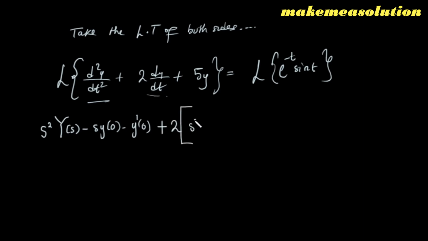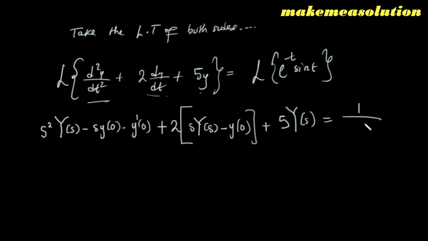Since it's the first derivative, you have s Y of s minus y of 0, then plus 5 times the Laplace transform of y, which is capital Y of s. Meanwhile, the Laplace transform of exponential minus t sine t by the first shift theorem is going to give me 1 all over s plus 1 all squared, plus 1.